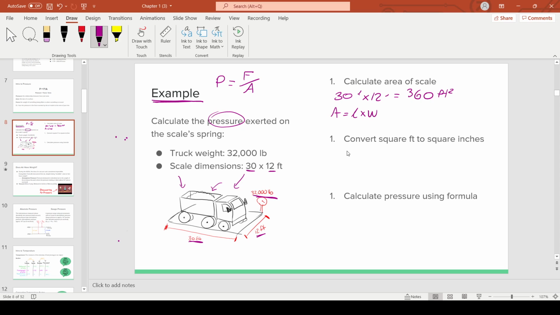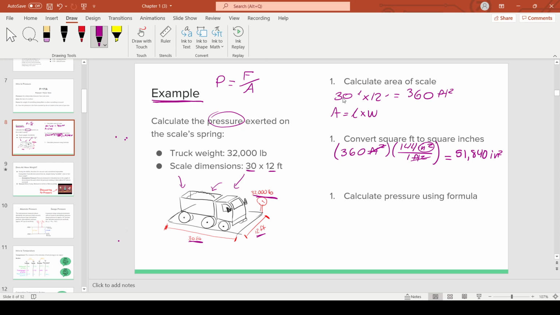And next, we need to convert square feet to square inches. You can do this by having 360 square feet and multiplying that by 144 square inches for every 1 square foot, right? Feet cancels out, you're left with inches, and that would give us 51,840 square inches.